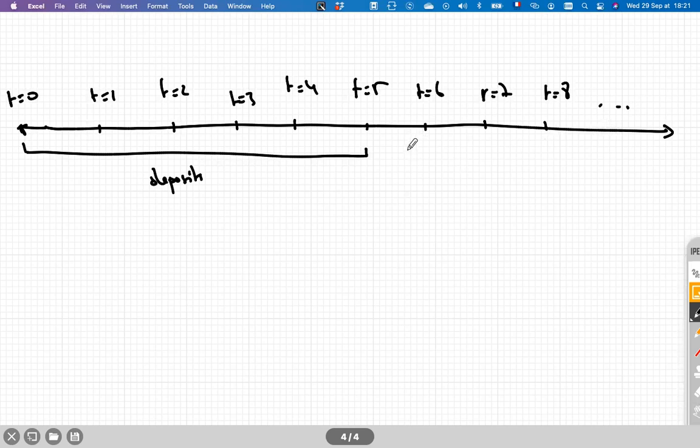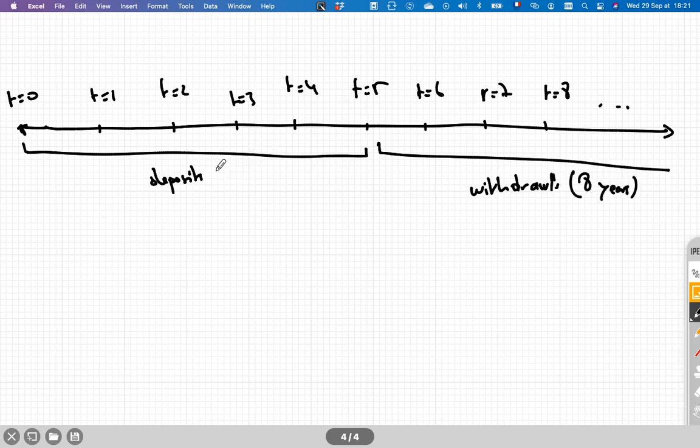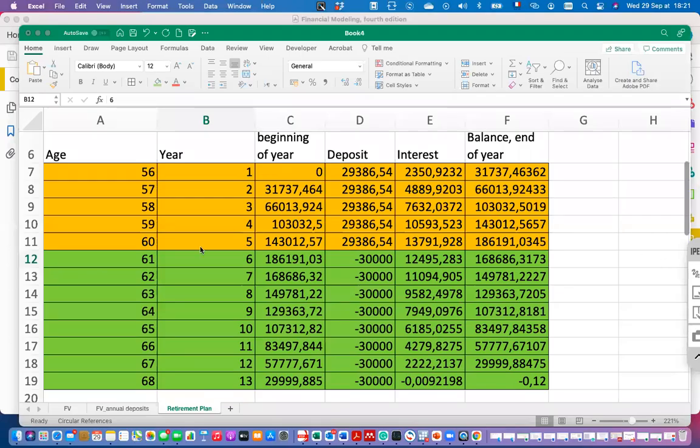This is the second phase, which is the withdrawal. The second phase covers 8 years, and the first phase covers 5 years. The second phase runs from year 6 to year 13, through 8 years, the cells with the green colors. And the first phase, with the orange colors, runs from year 1 to year 5.